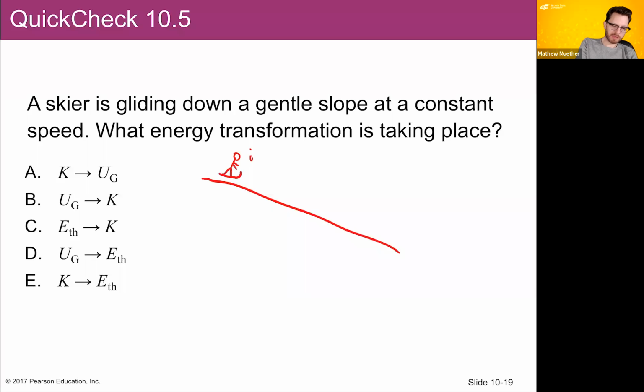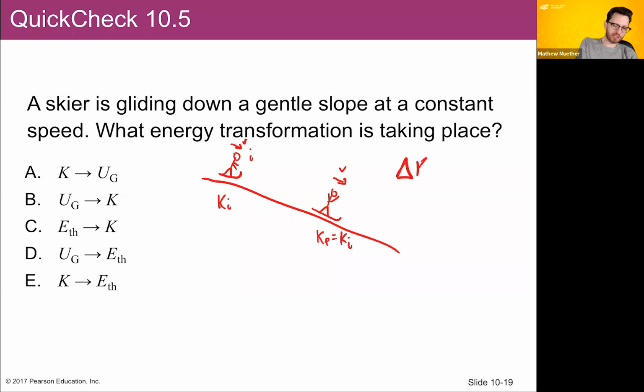they start here at some initial position. Later, we find them further down the hill. They're maintaining a constant speed. So there's some initial kinetic energy, and then there's some final kinetic energy, but because the velocities are the same, we know that final kinetic energy is equal to the initial kinetic energy.